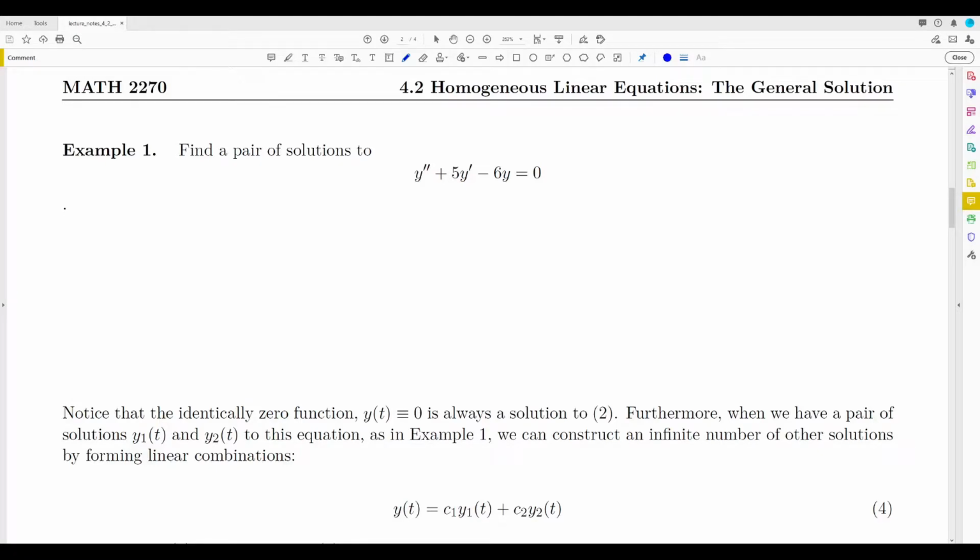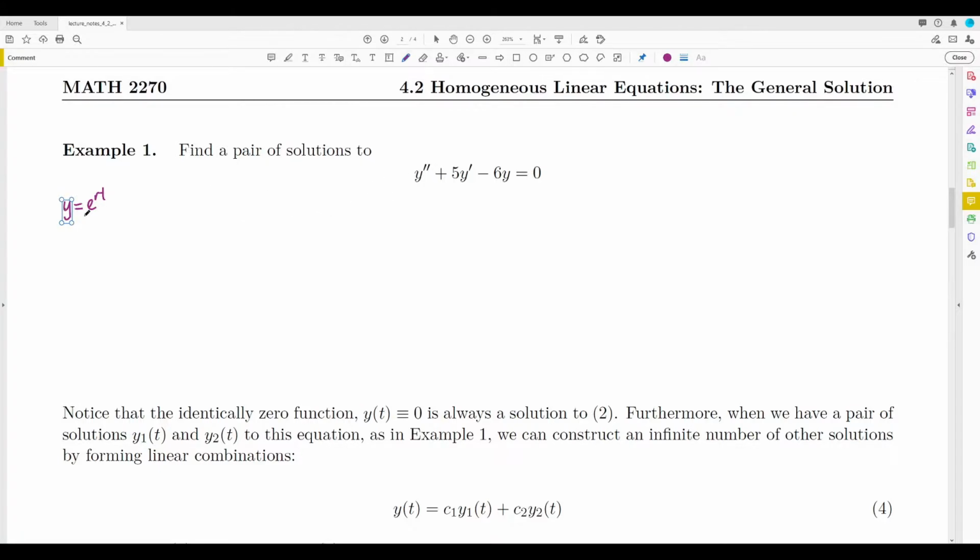So in this example, we're going to find a pair of solutions to the differential equation y double prime plus 5y prime minus 6y equals 0. What we start out with is we let y equals e to the power rt, and we plug that into our differential equation.